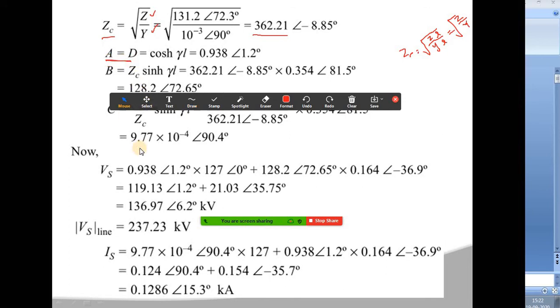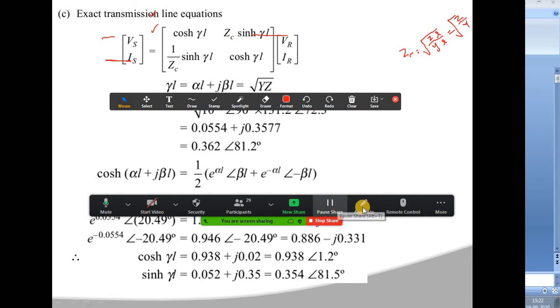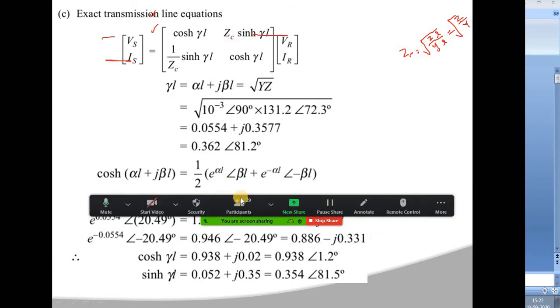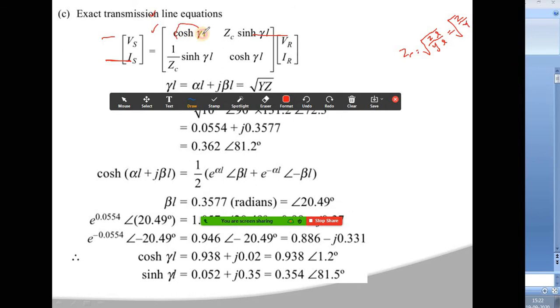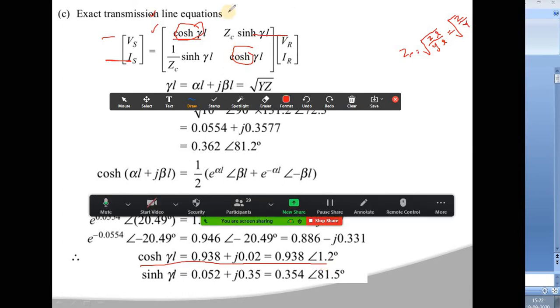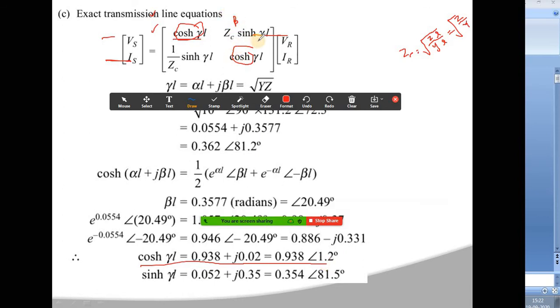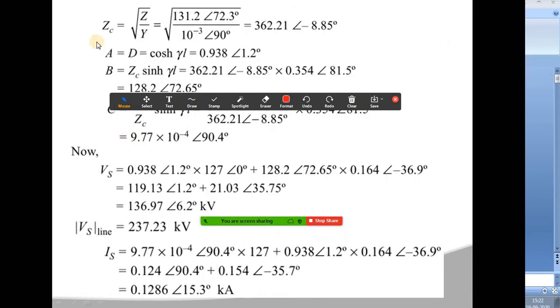If you see here in this exact solution, the A and D parameters are both equal, which is equal to cosh gamma L. That cosh gamma L value is 0.938 at an angle of 1.2 degrees.